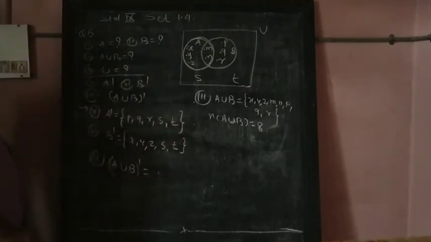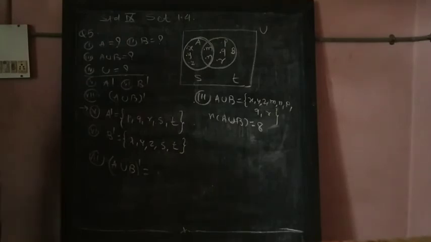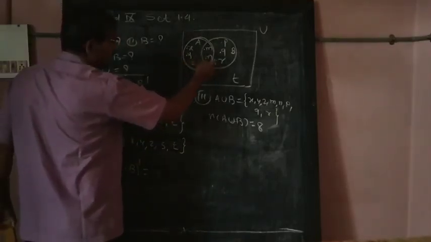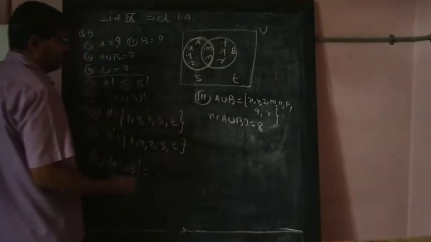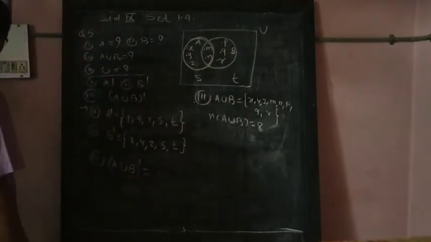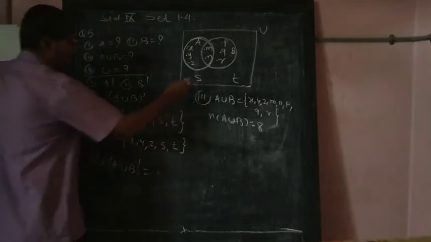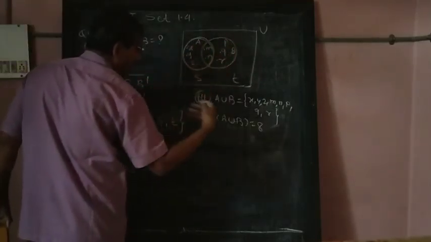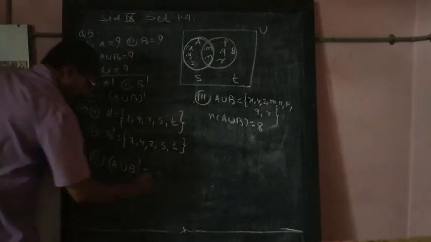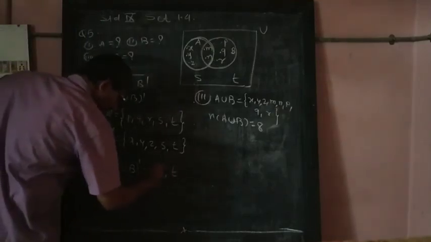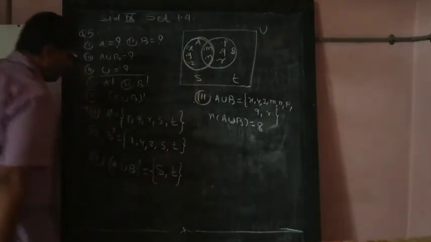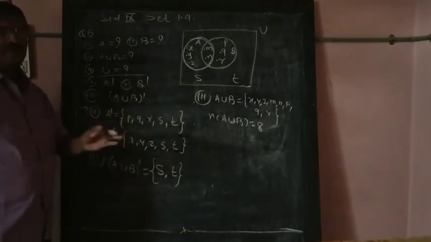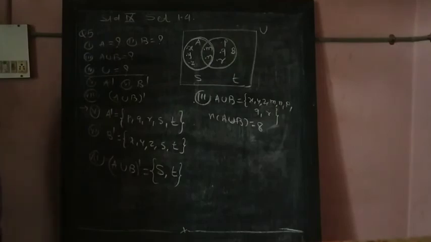Those elements that are there in A union B, we have to cancel them and write what remains. X, Y, Z, M, N, P, Q, R are all cancelled, and what is remaining? S and T is remaining. That is, the complement of A union B is S and T. These are the two remaining terms.